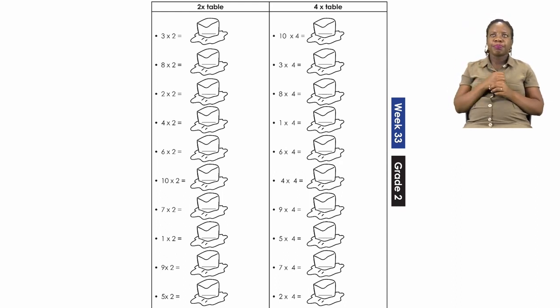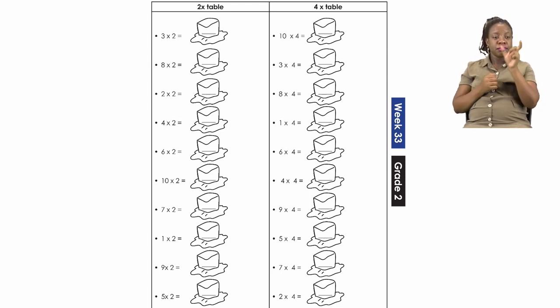So for your 2 times table, all the sums there is a sum that you have to multiply by 2. And under your 4 times table, all the numbers you have to multiply with 4.